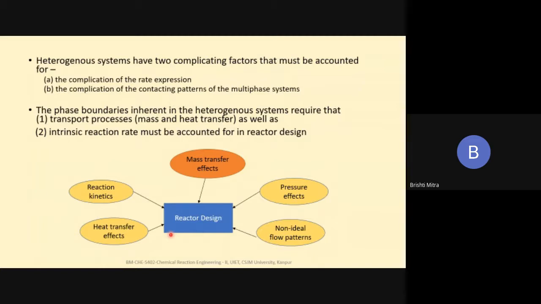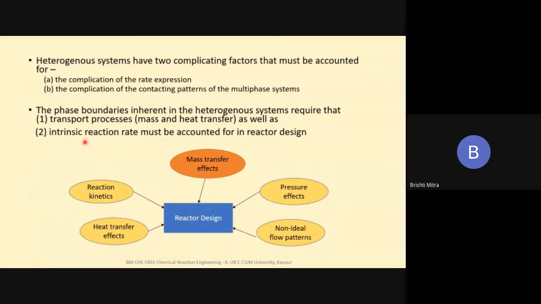But over and above, we have another factor that comes into place, which is called the mass transfer effects. Very soon you will see how this mass transfer, in most cases, slows down the rate of a reaction. Another thing I want you to note is that when we are talking about reaction rates, I have used a term called intrinsic reaction rate.